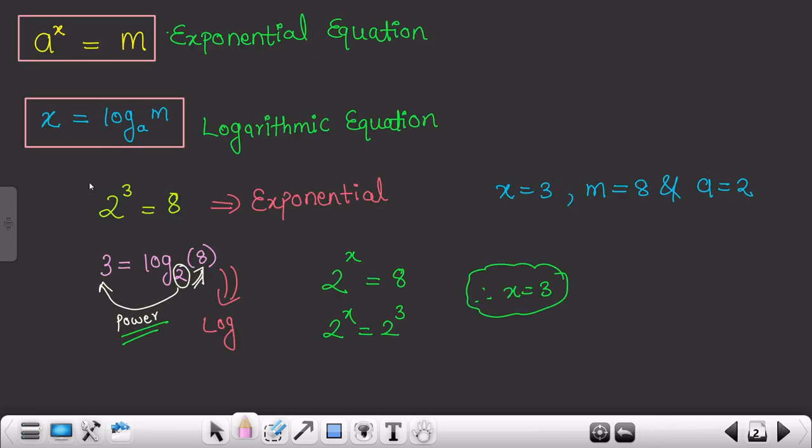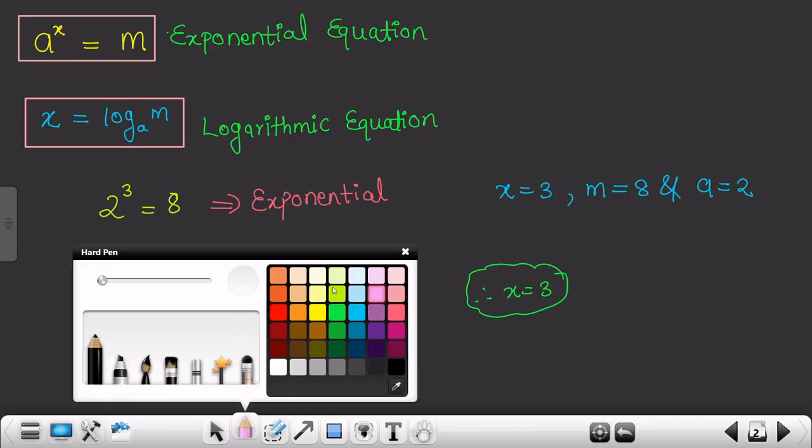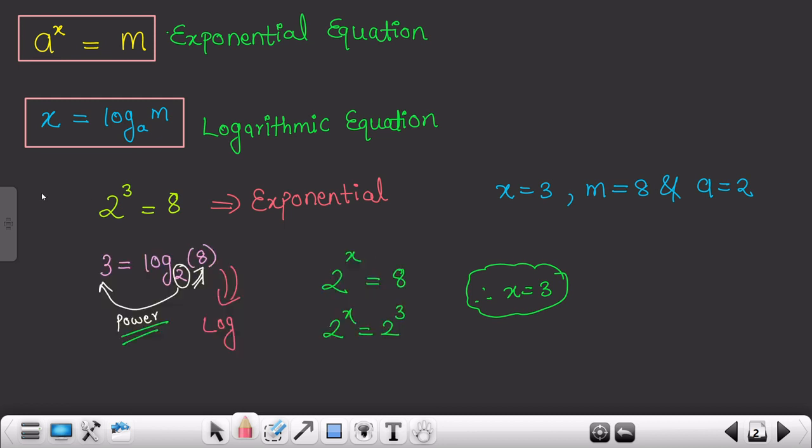The very first numerical was this, which I will just number. We all know that the cube of 2 is 8, but this was an exponential. How do we write this in logarithmic form?